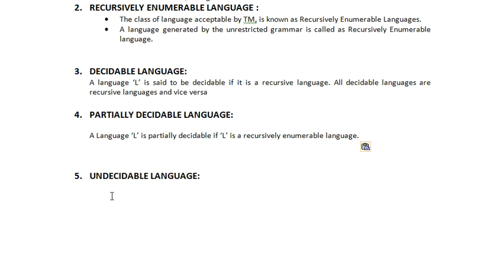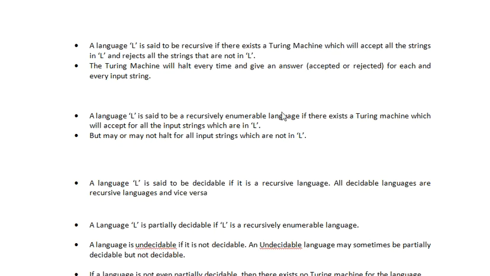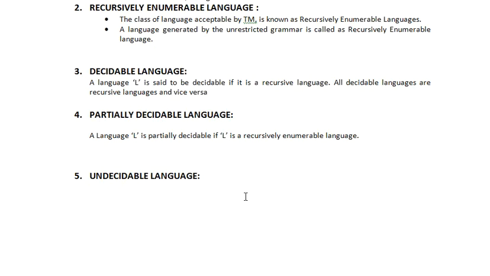Now moving to the undecidable language, I don't need to say anything about this particular language. You have understood: decidable means recursive language, partially decidable means recursively enumerable language, and if you talk about undecidable language, that means a language L which is not decidable, correct? But there is one condition: if a language is partially decidable, then sometimes it falls in the category of undecidable language also.